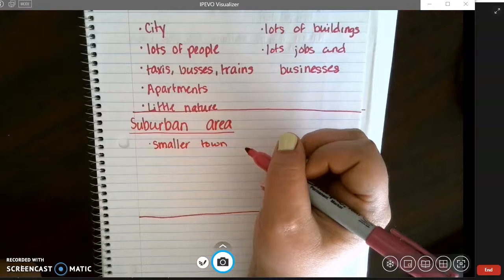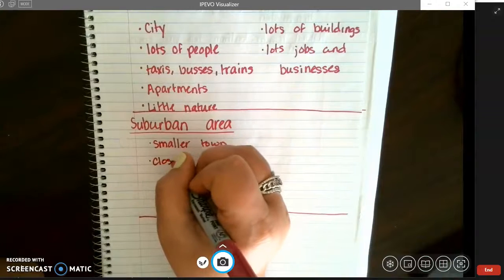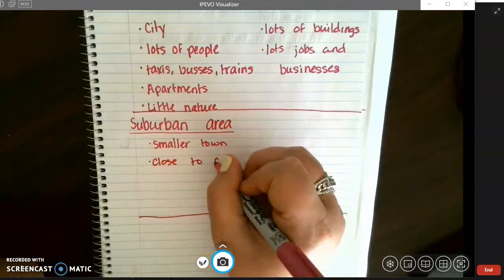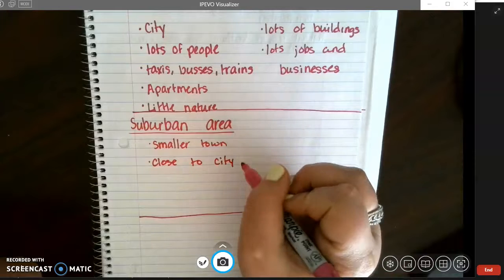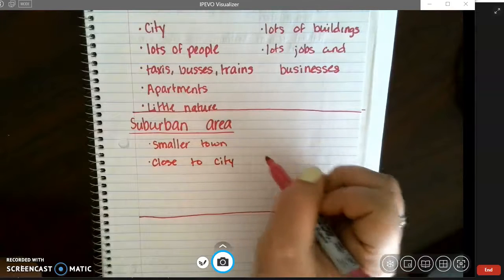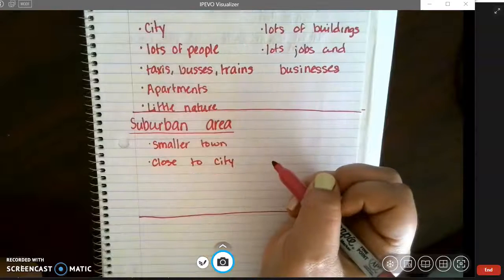There's lots of small towns in Michigan, but I don't know them. They are usually close to the city, or close to a bigger area. This would be like Brooklyn is to Jackson, okay? However, Brooklyn is smaller than a suburban area.